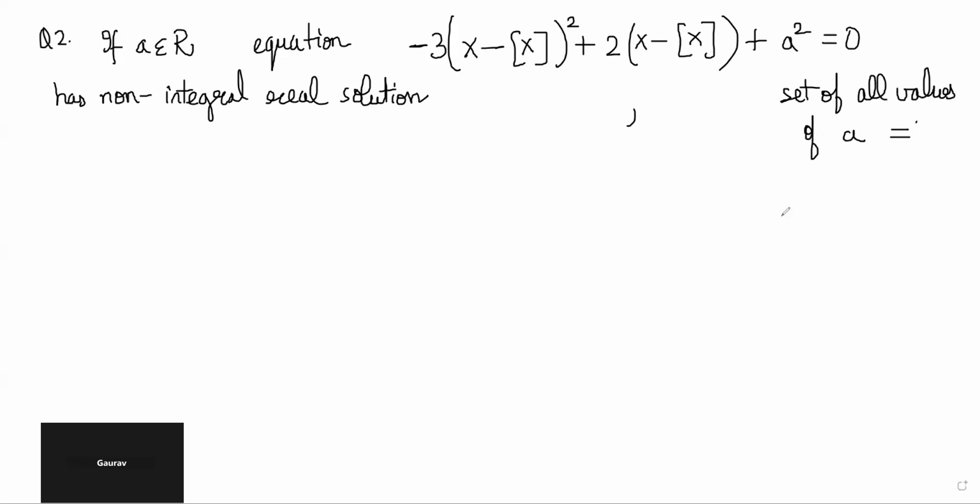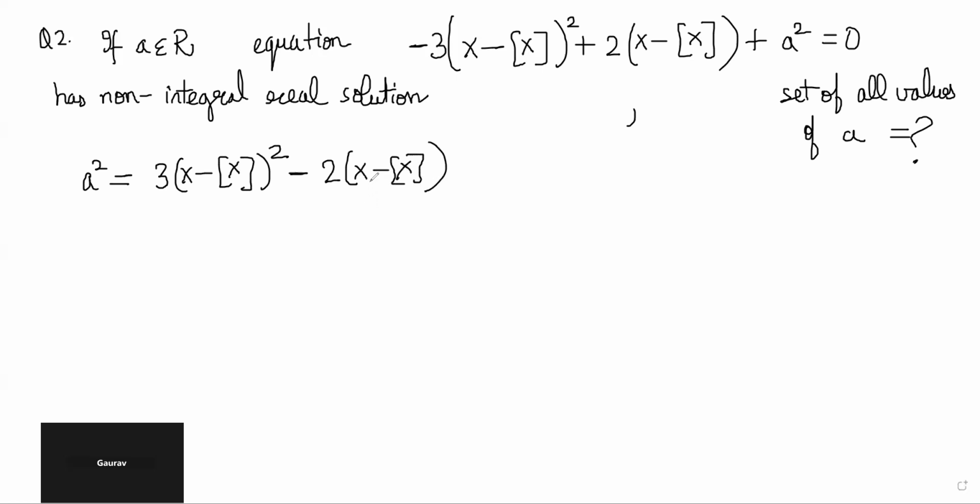Okay. This equation has non-integral real solution. So we are getting a square is equal to 3 times (x minus floor of x) whole square minus 2 times (x minus floor of x). Technically, this is like a quadratic actually.